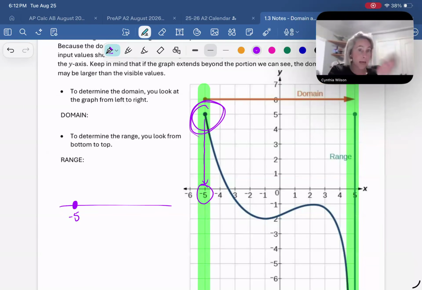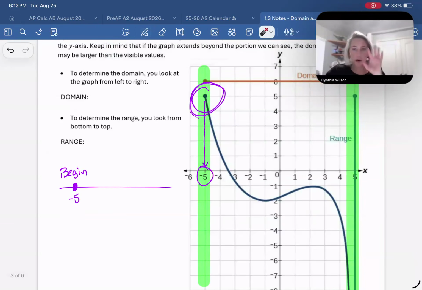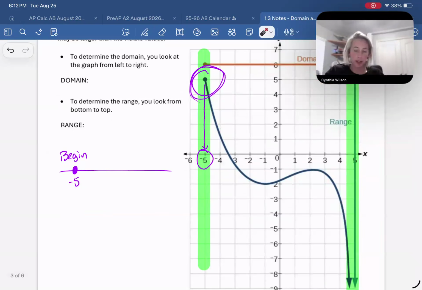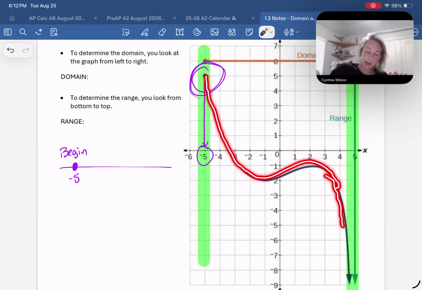This is our beginning, at -5. Then you want to follow the graph around. You can use your pen, you can just use your eyes, but I'm going to show you with my laser. Follow that graph around. If it's continuous, you're just going to keep going. So it's still continuous, and then I get to the right side.